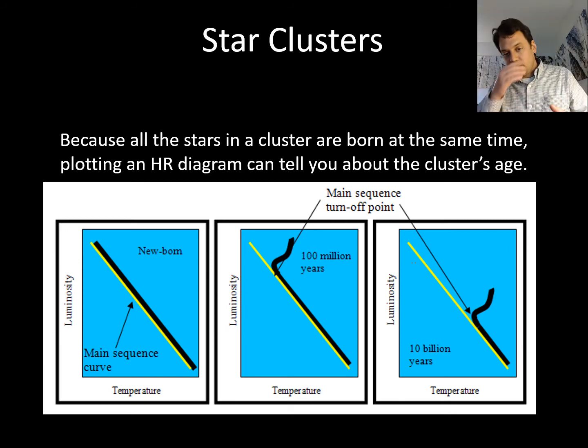And so the result is that there's a clear relationship between the location of the main sequence turnoff point on the HR diagram and the age of a star cluster. Now that we know that, we can work the other way: plot the stars of a given star cluster on the HR diagram, look at where the turnoff point is, and thereby determine the age of the cluster.